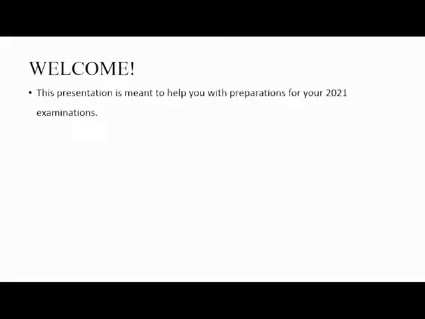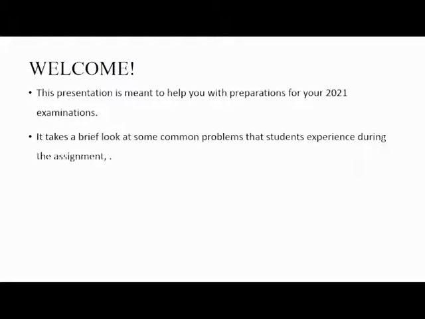The objective is to help you with your preparation for your 2021 examination, and it's prepared according to the common problems that students experience during the assignment, because the module is long and the time is short.